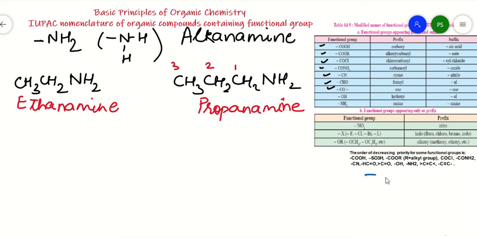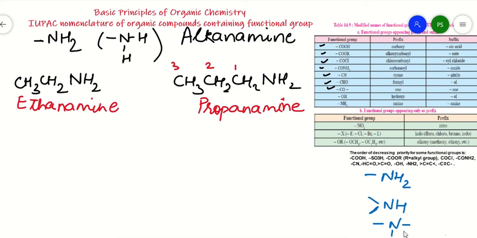I talked about NH2, NH, and also N. One valency of NH2 must be bonded with the chain of carbon atoms, and the other valency, in NH or the secondary amine, can be bonded with an alkyl group, or in a tertiary amine, one is bonded to the main chain of carbon atoms and the other two valencies, instead of hydrogen, can be bonded with alkyl groups.